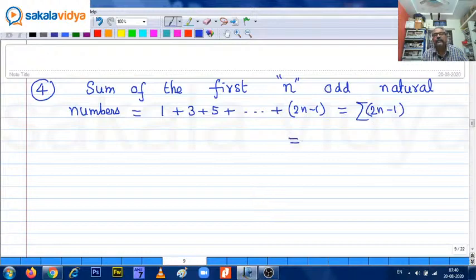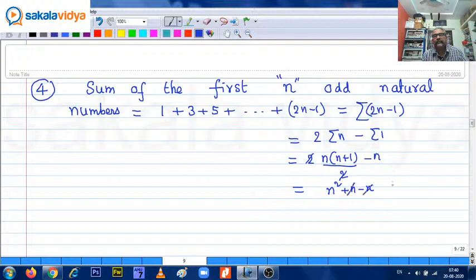Sigma 2n minus 1 means 2 common, 2 sigma n minus sigma 1. 2 times n into n plus 1 by 2. Sigma 1 means 1 is added for n times, that is n. 2 gets cancelled. This is n square plus n minus n. Cancel n square. The sum of the first n odd natural numbers is 1 plus 3 plus 5 dash dash plus 2n minus 1, this is the nth term of the first n odd natural numbers. That is n square we have.